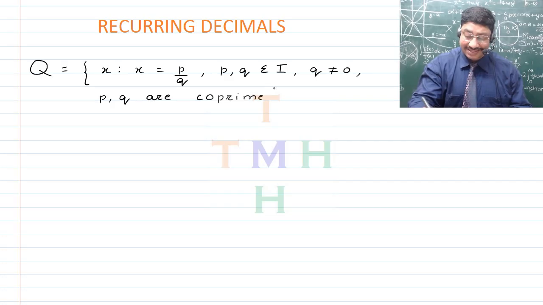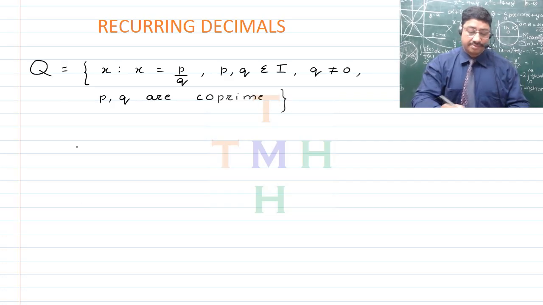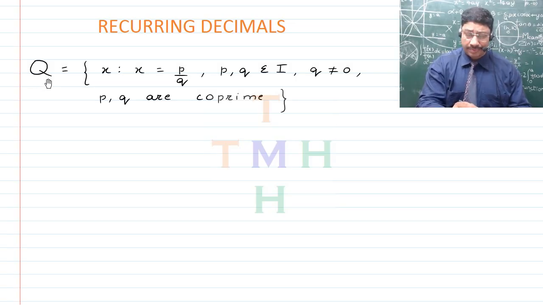So this is the sufficient definition of a rational number.